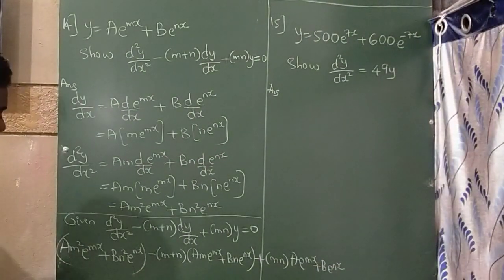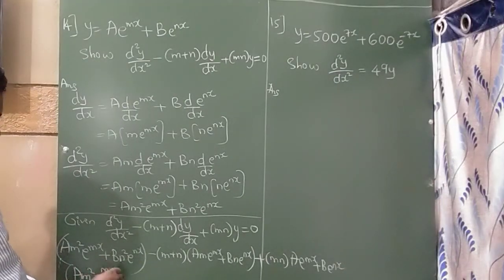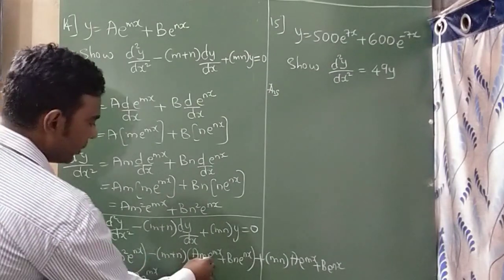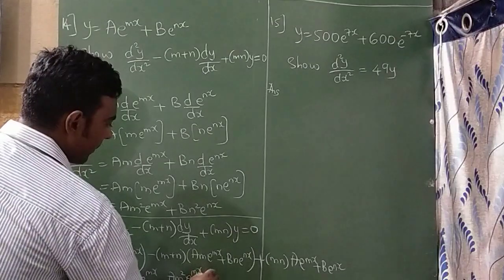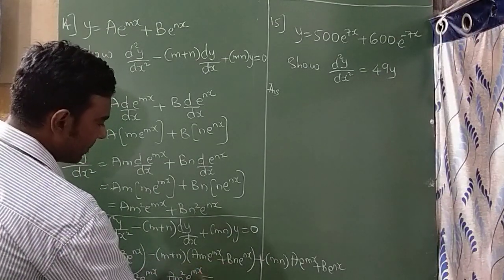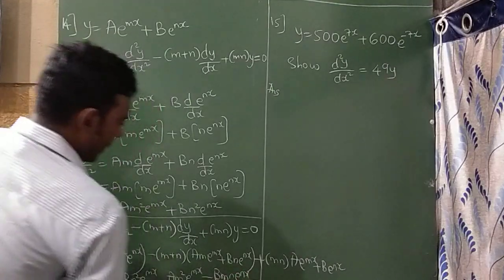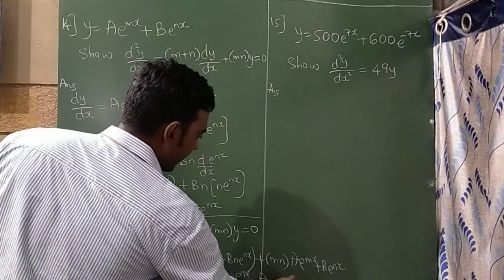Fine. Now write this as it is. M into m is m square, so a m square e raised to mx. Minus into plus is minus b mn e raised to nx, minus m into n is a mn e raised to mx.